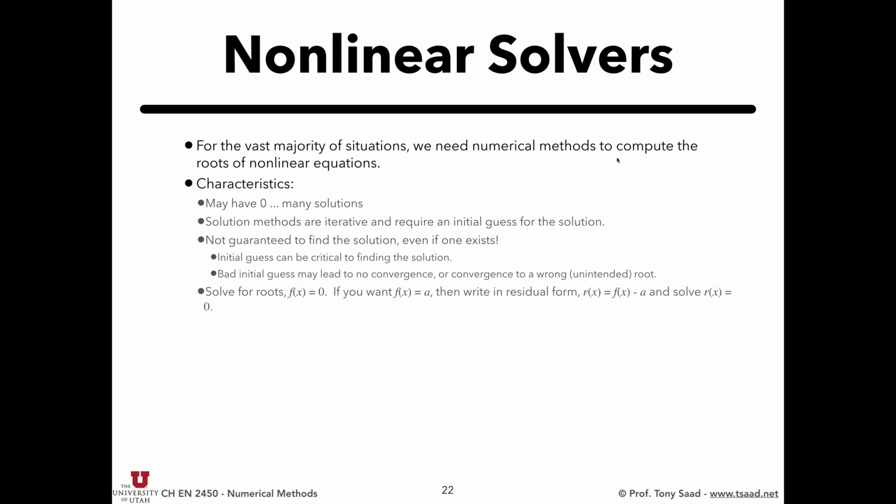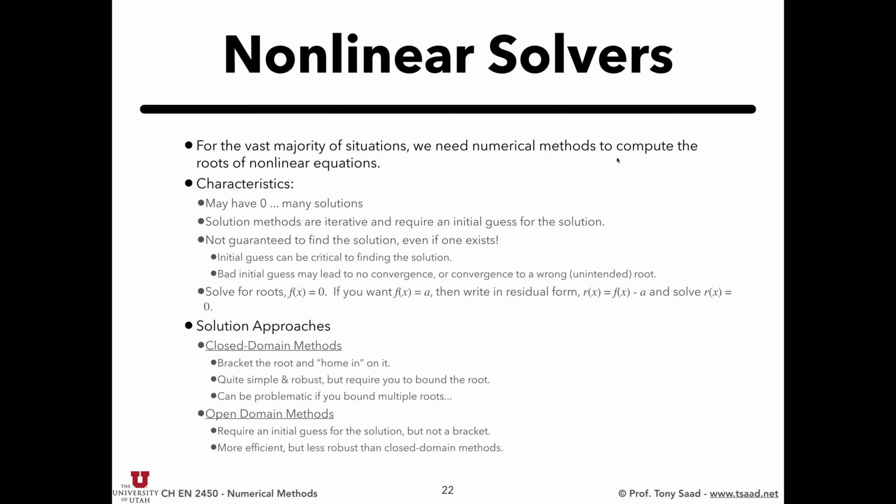The initial guess can be critical to converging to the solution. A bad initial guess may lead to no convergence or convergence to the wrong root, for example, if you have multiple roots. To solve for the roots of f of x equals alpha, write in residual form and then solve for residual form equals 0.